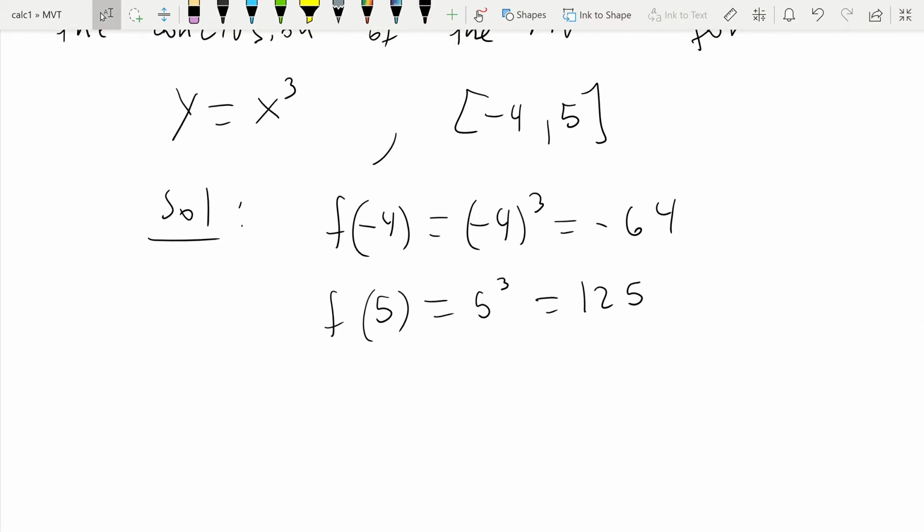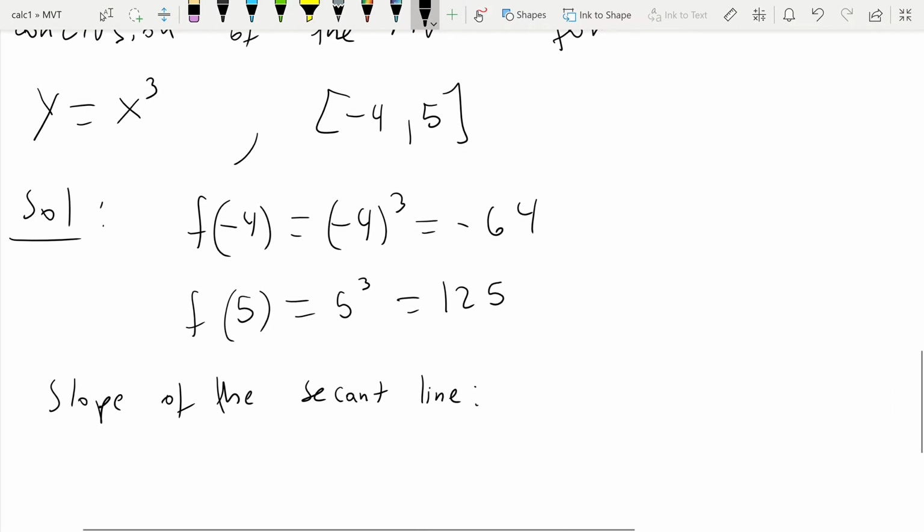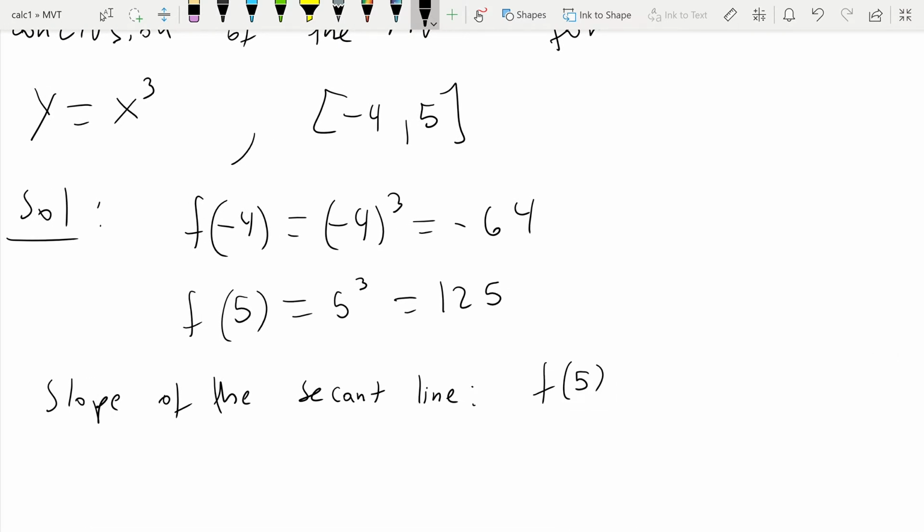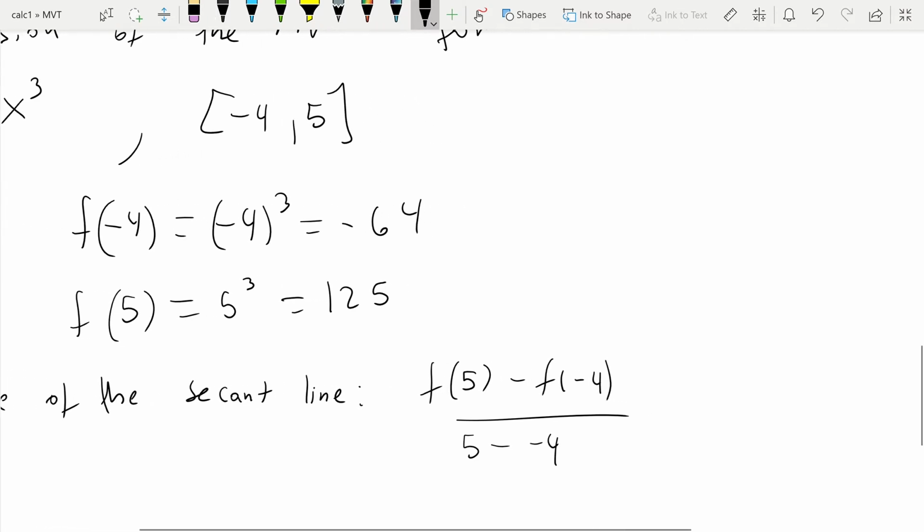And so what is the slope of the secant line? It's f at 5 minus f at -4, all of that divided by 5 minus -4.